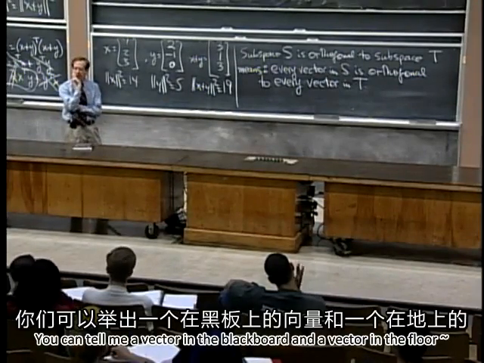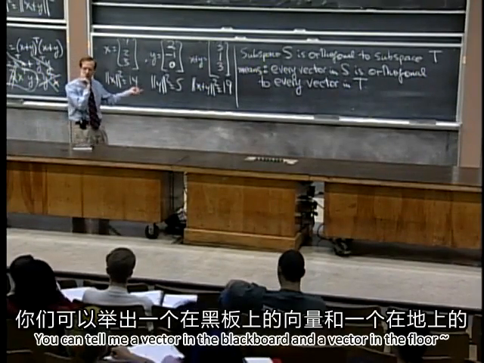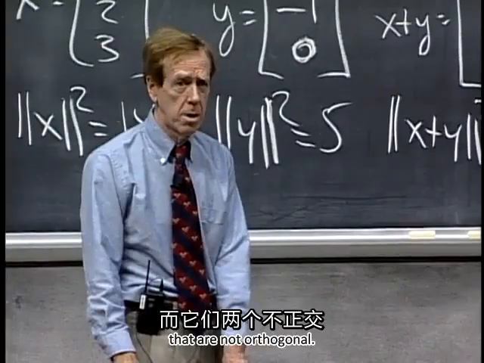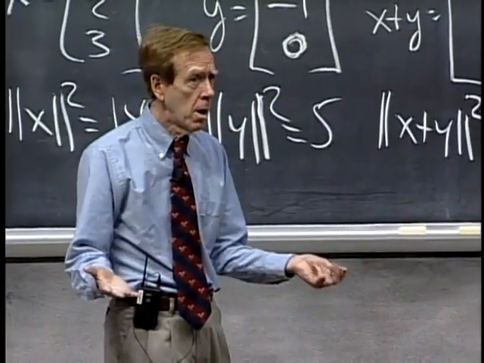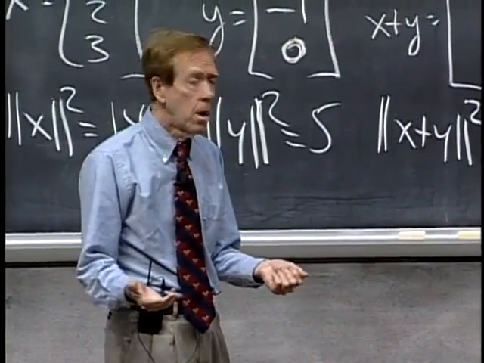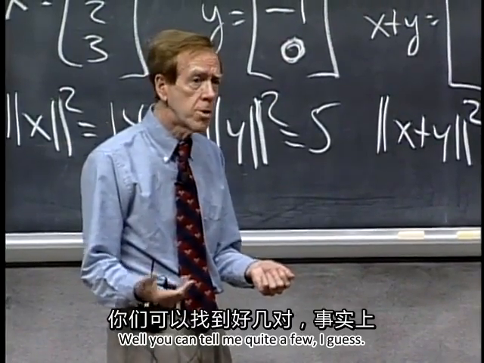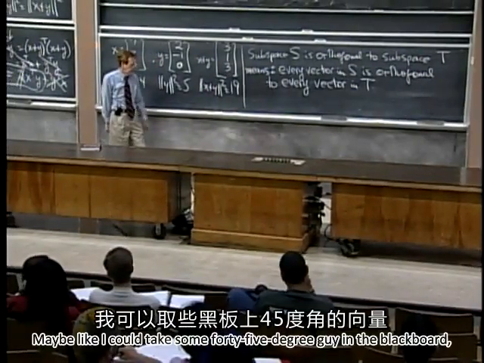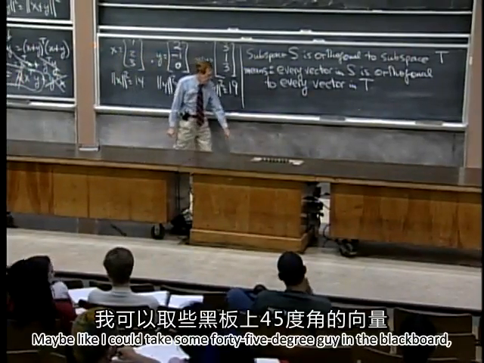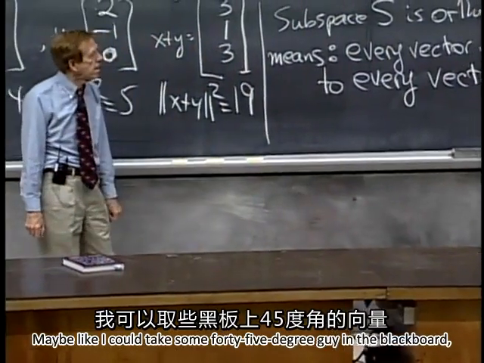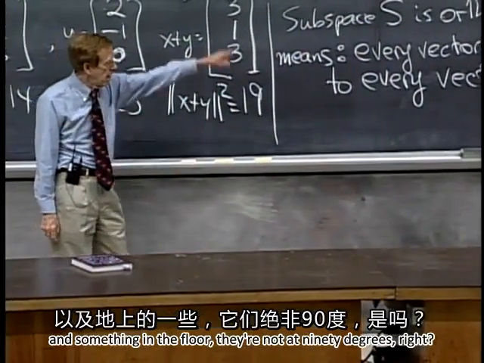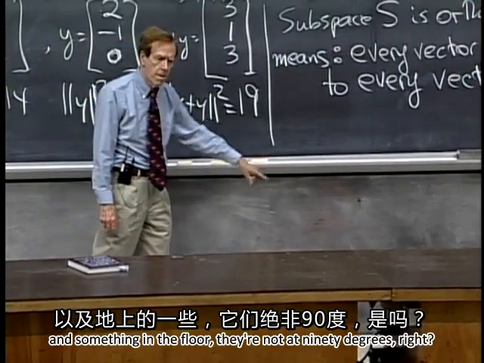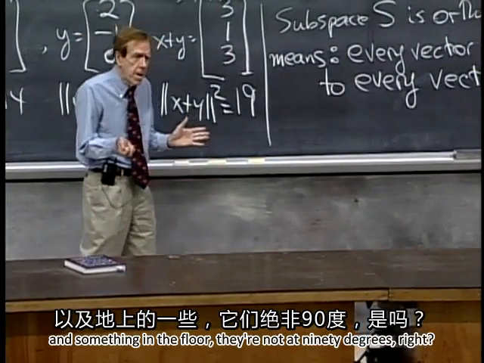You can tell me a vector in the blackboard and a vector in the floor that are not orthogonal. Well, you can tell me quite a few, I guess. Maybe I could take some 45-degree guy in the blackboard and some thing in the floor that aren't at 90 degrees, right?